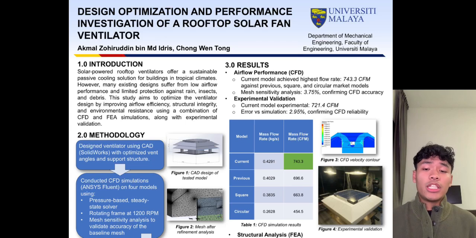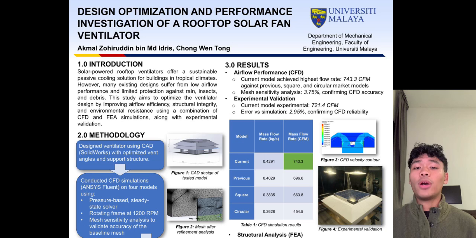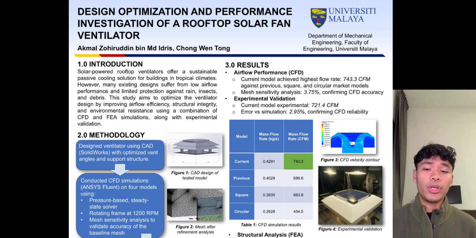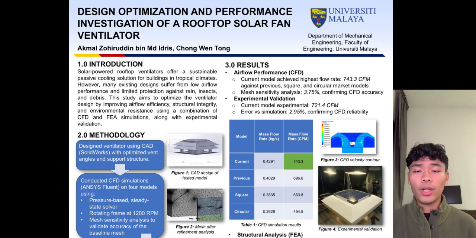So for the CFD and experimental results, the CFD predicted mass flow rate for the current model was 743.3 CFM. The previous prototype achieved 696.6 CFM, the square profile commercial model 663.8 CFM, and the circular profile model 454.5 CFM.